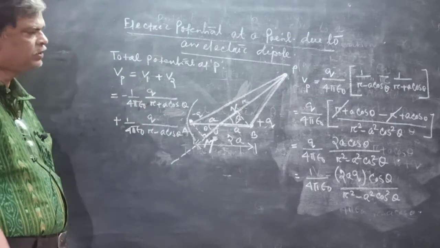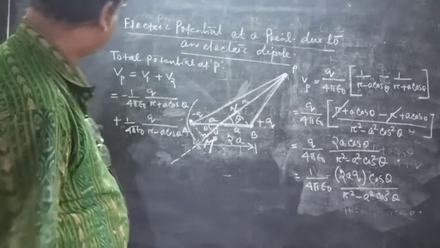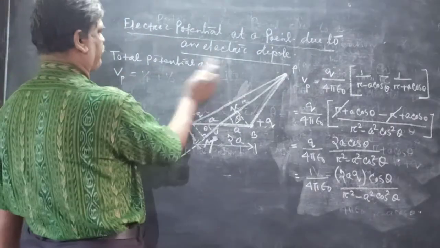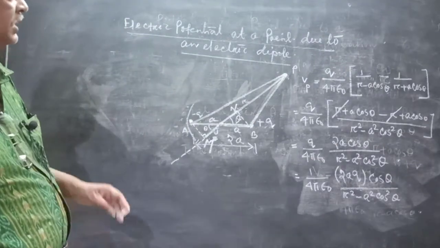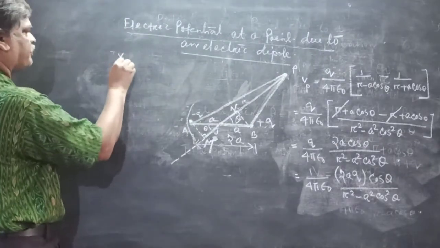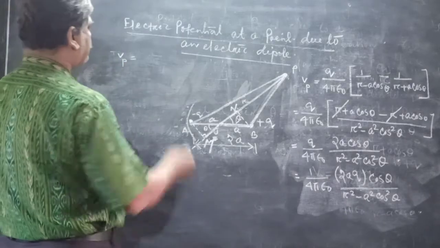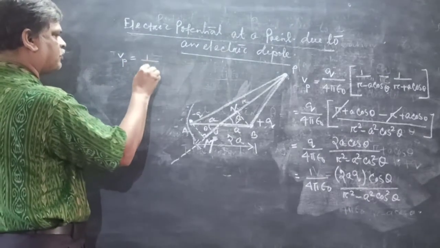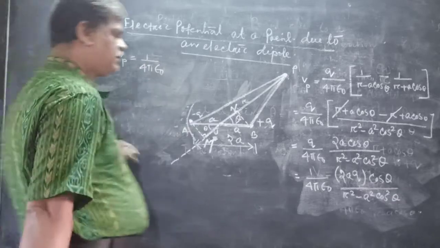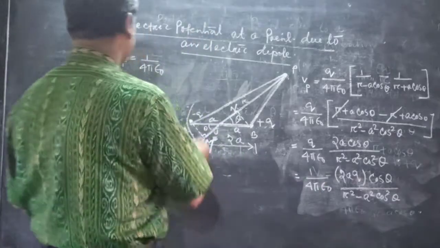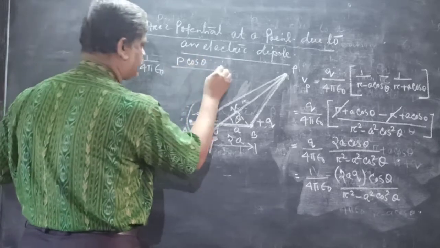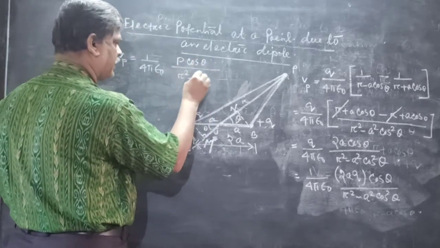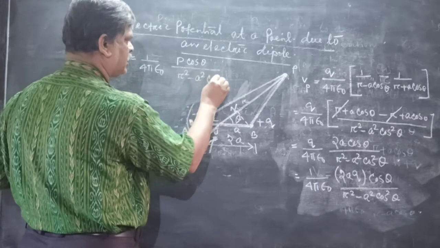Then here 2AQ is your dipole moment P. So the potential at point P, Vp, is equal to 1 by 4 pi epsilon 0, then 2AQ, that is the dipole moment P, then P cos theta divided by R square minus A square cos square theta.